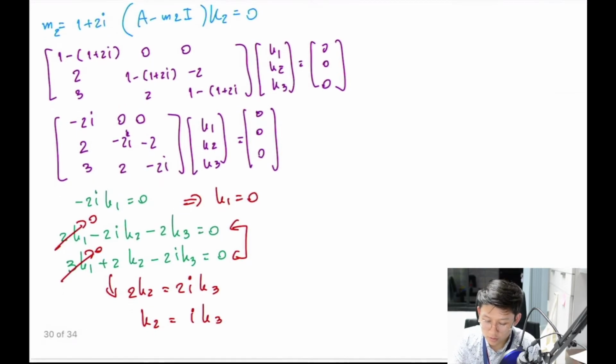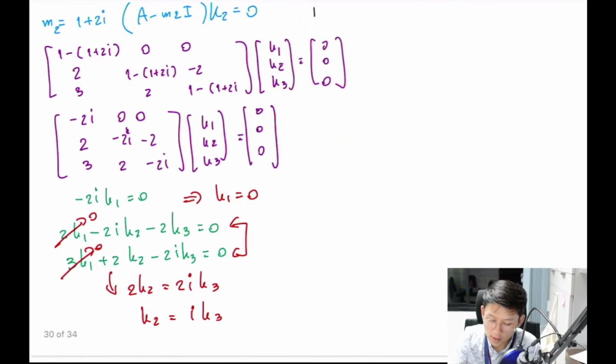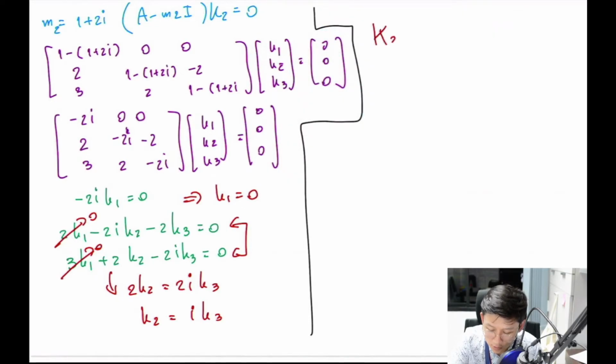So our vector k2 would be 0, because k1 is 0, k2 is i k3, and then you have k3 here. You can write k3 in terms of k2 as well. It's up to you. You can write k2 in terms of k3 or k3 in terms of k2.